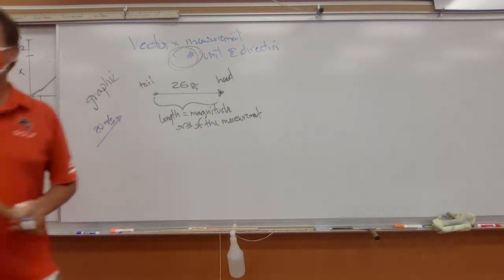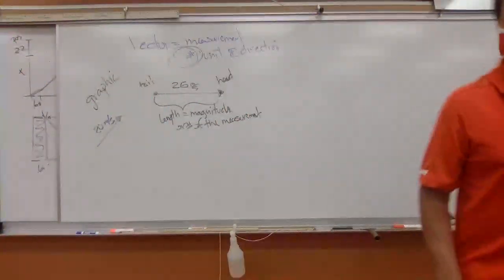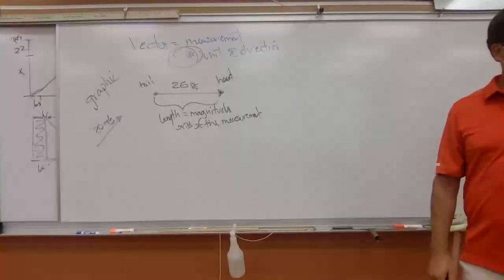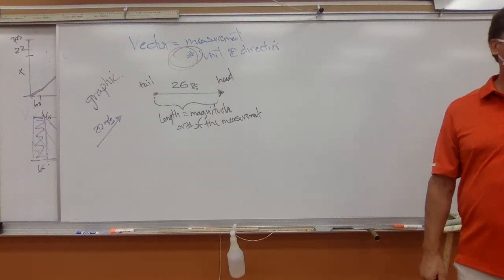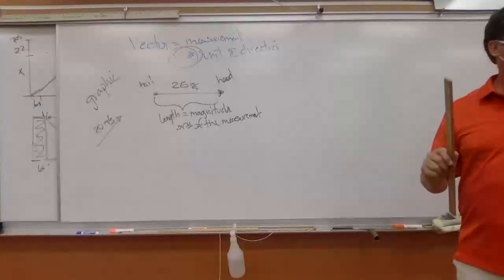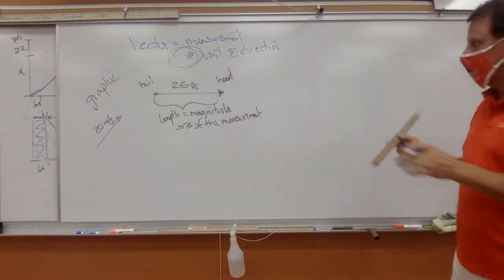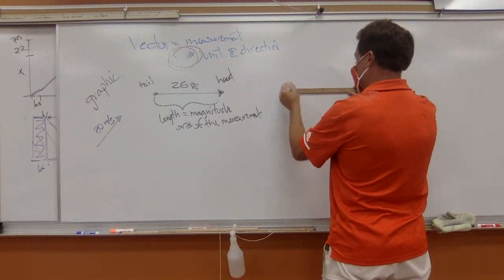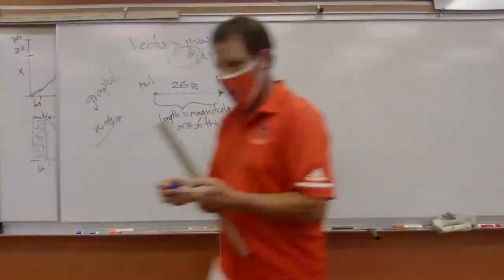So what we can do here is pick up vectors. We can pick up vectors and move them as long as we don't change their length or change their direction. So I'm going to pick up this one, and I am going to draw it.